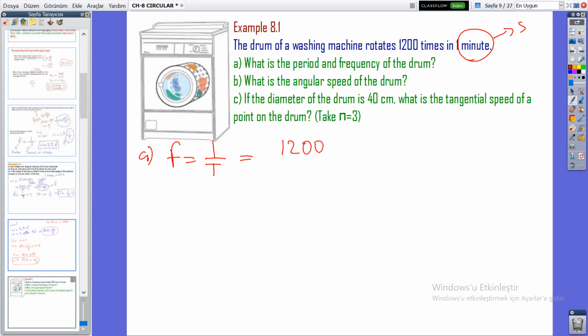We must change it to seconds. 1 minute equals 60 seconds, so 1,200 over 60 seconds equals 20 per second, or hertz.